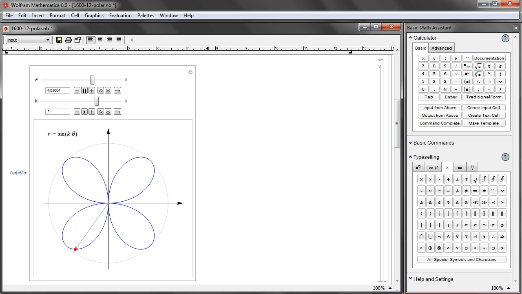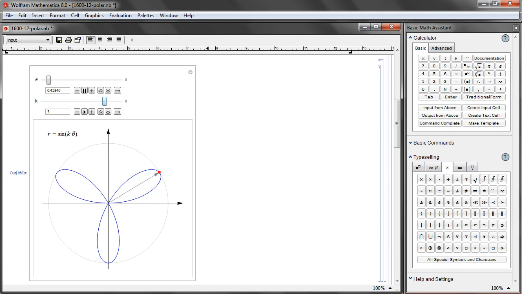As you can see, the red point is following the gray arrow in the first and third quadrant. However, in second and fourth quadrant, when theta is between pi over 2 and pi, or 3 pi over 2 and 2 pi, then sine of 2 theta is negative. In other words, r is negative. Consequently, this red point is pointing the opposite side of this gray arrow.